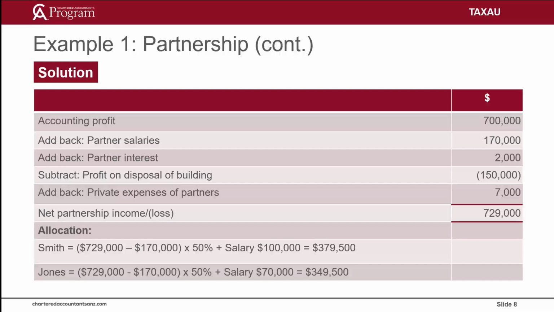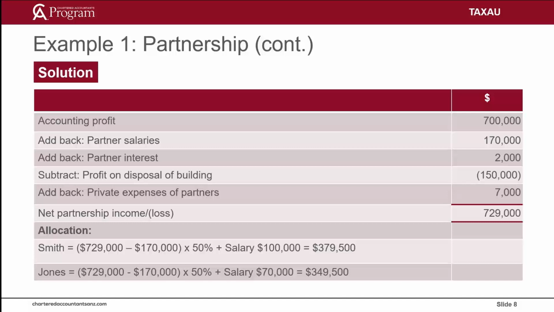The profit on disposal of the building is subtracted, totaling $150,000, and is assessed at the partner level as previously considered under Section 106-5. The next step after calculating the net income of the partnership is to calculate each partner's share of the partnership net profit, which is assessable under Section 92.